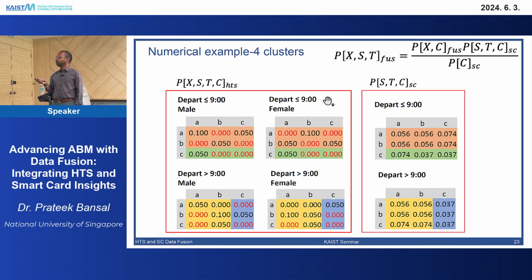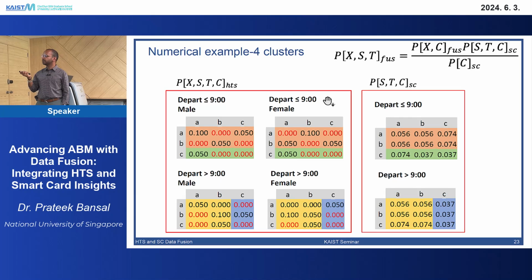If you look at this problem, what we do is we create a total of 4 clusters. What do we mean by clusters in this case? The different colors represent the different clusters, okay? So trips going from zone A to B departing before 9 are in cluster 1.